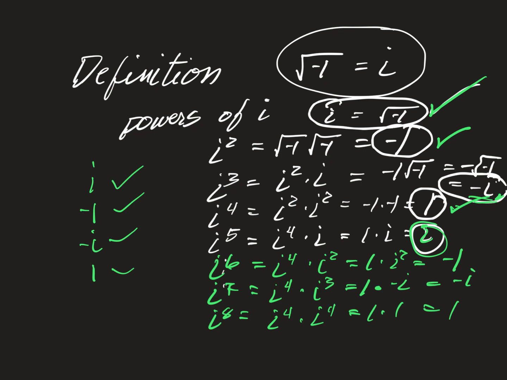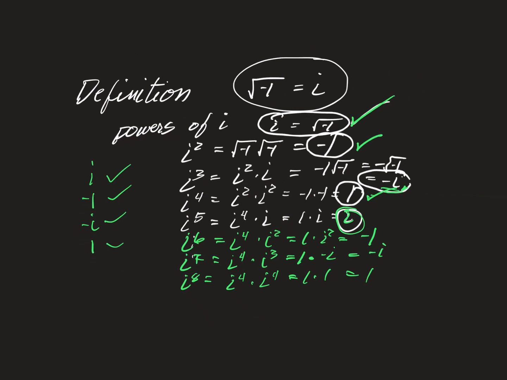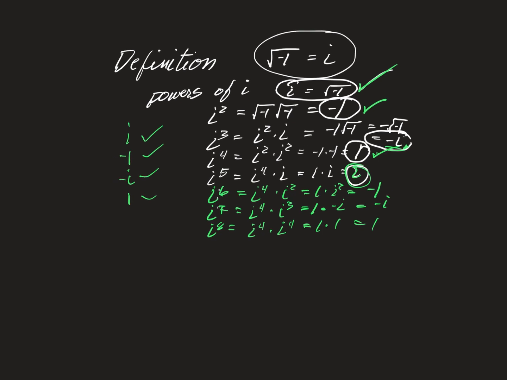It goes on and on. So when you do a simplification problem, say somebody comes up to you and they go, hey, what's i to the 173rd? And you go, well, I don't know. Well, what you want to do is ask yourself, how many times does 4 go into 173?